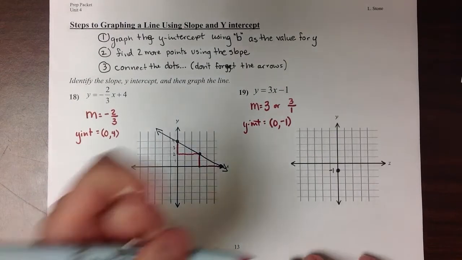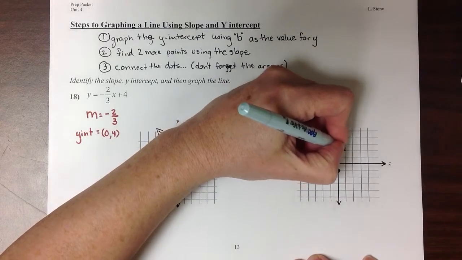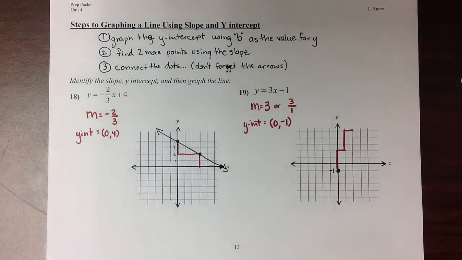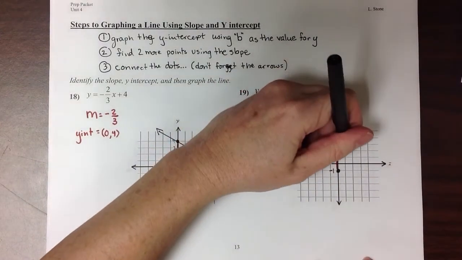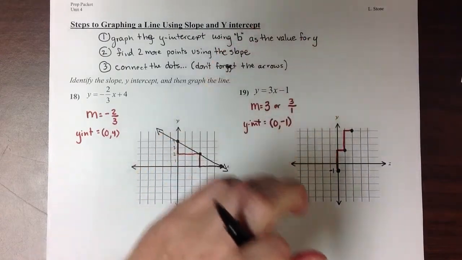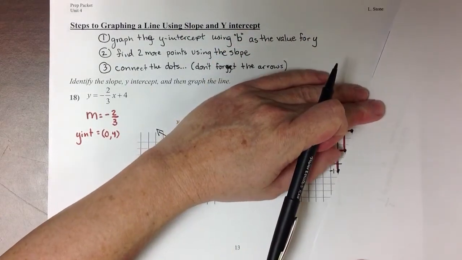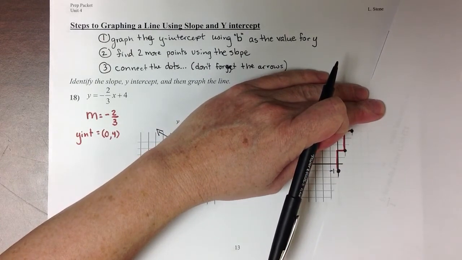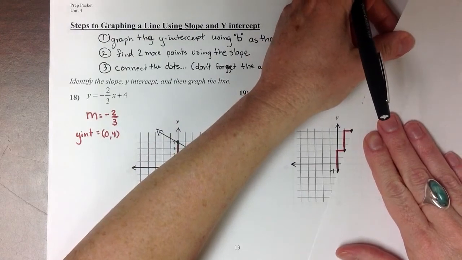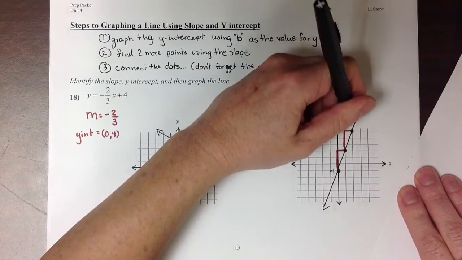So I'm going to rise 3 places, run 1. Rise 3, run 1. Putting my next 2 points on the graph here and here. Then connecting the dots. Get this line.